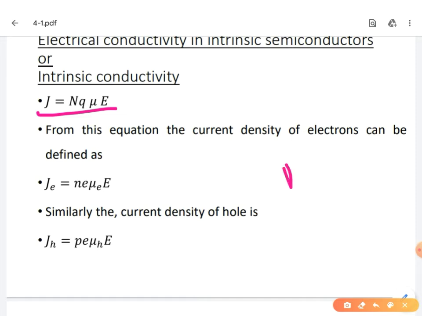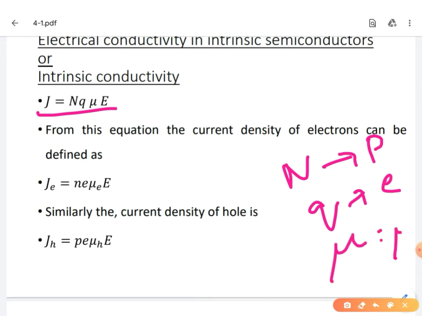Capital N is replaced with p and q is replaced with e because the charge of the hole is positive. Mu is replaced with mu suffix h. Why are we replacing it with mu suffix h?